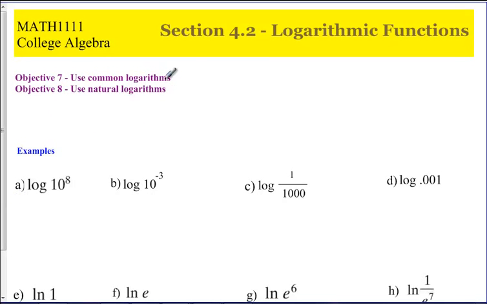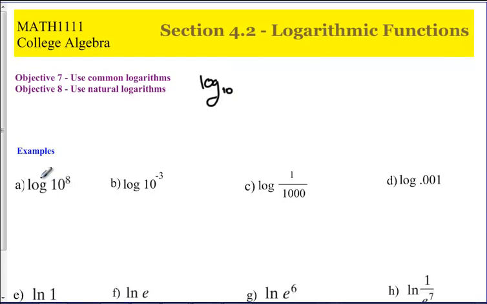All right, so we're going to talk about common log and natural logs. Common log, you're not going to see the base. If you don't see a base, if it's just written out log with no base, it's actually log base 10. But we use log base 10 so much that we just called it the common log, and we don't write the base 10.